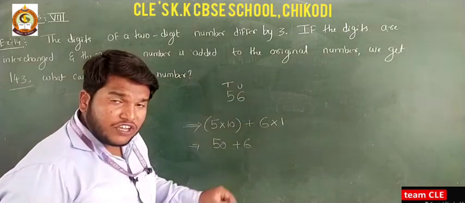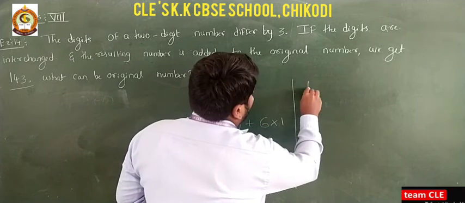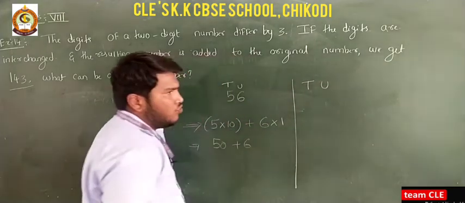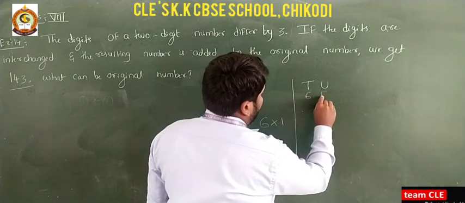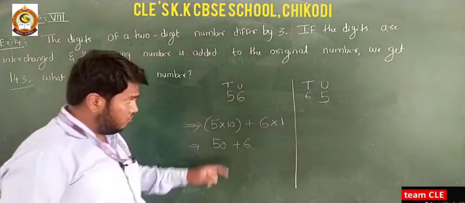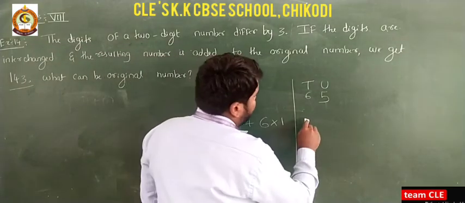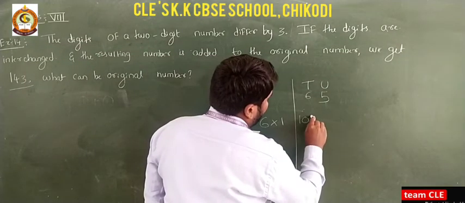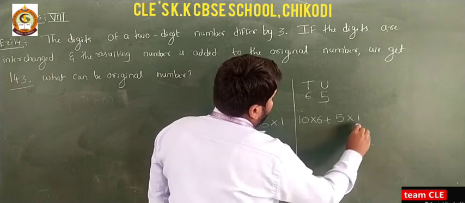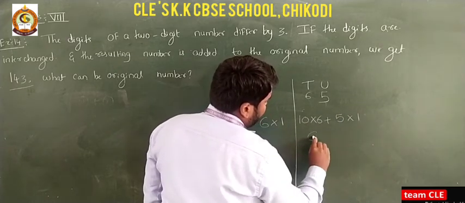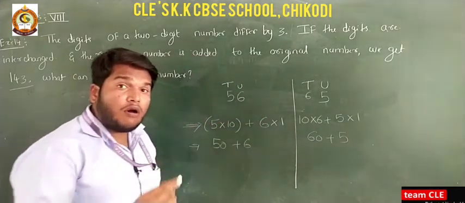Similarly, if you interchange the digits, 56 becomes 65. So this becomes 10 into 6 plus 5 into 1, which is 60 plus 5. So this is the concept of the question.